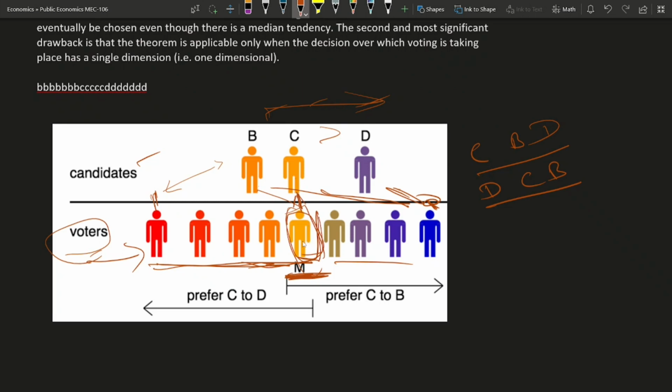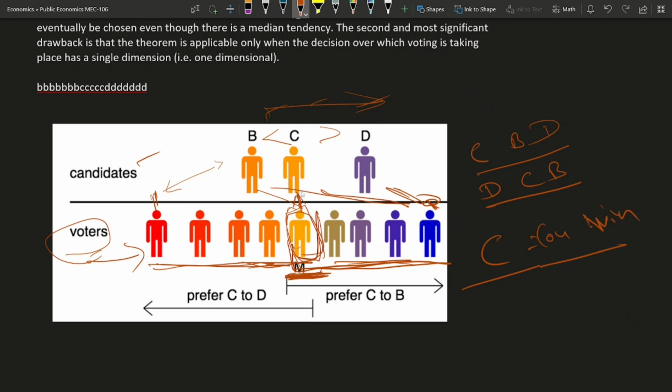And if we look in this direction up to M, then for all these cases, C is better than B. C is better than B. So in a pairwise comparison, both ways, C is the winner, as also the first preference of M, the median voter, was C. So we have seen that C is the Condorcet winner.